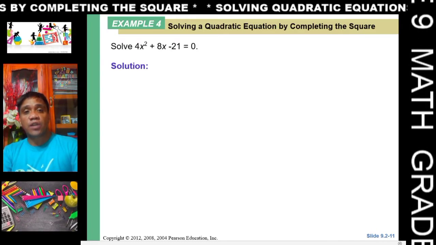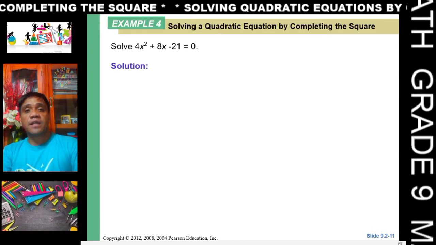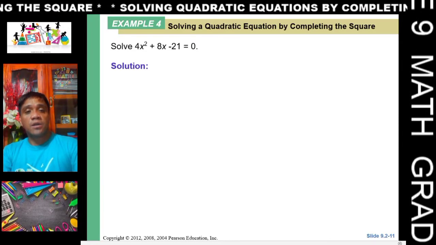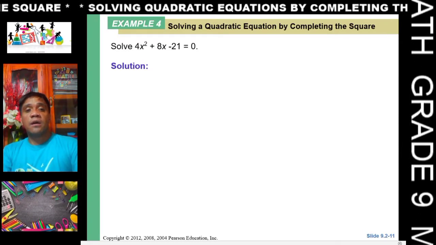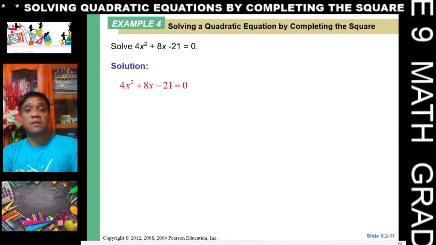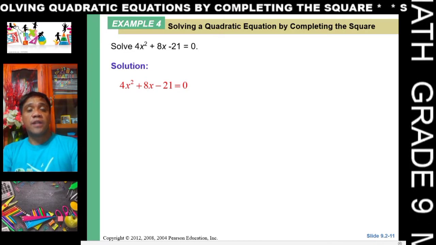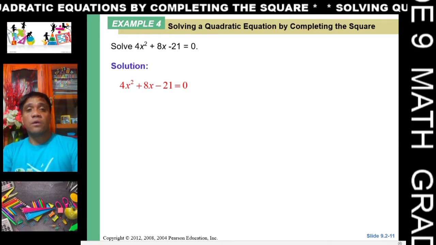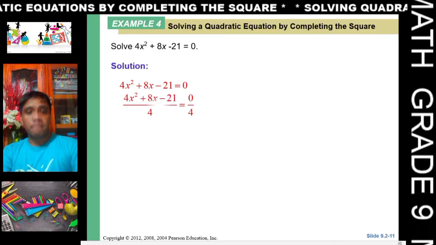Check first if the numerical coefficient of the quadratic term is not the same as 1. Since it is not 1, the first step is we're going to divide both sides of the equation by the numerical coefficient of the quadratic term, which is 4. So divide both sides by 4.